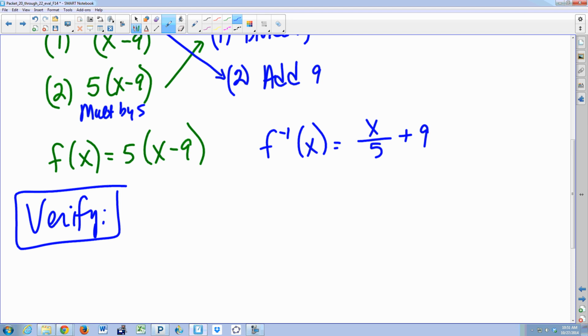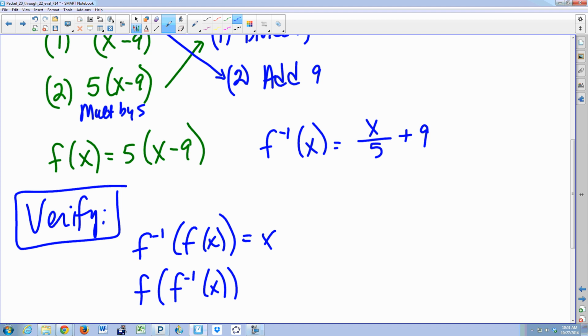How do you verify that these two truly are inverses, Katie? So I would compose it first, put f of x in, yeah? And then vice versa. And what do I hope to come back to? X. So let's see if we do.